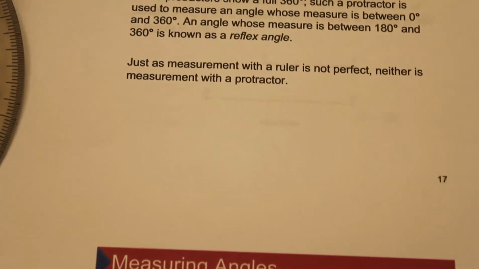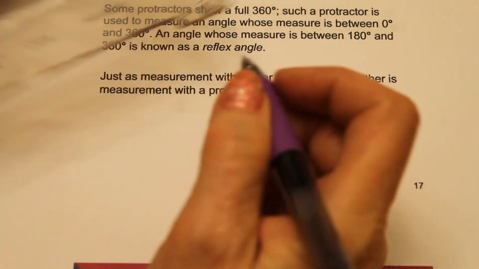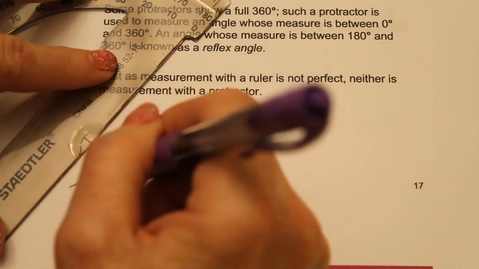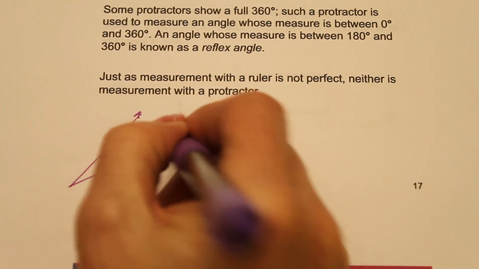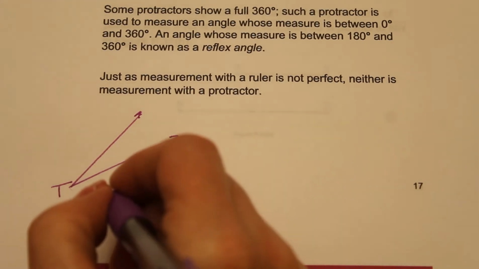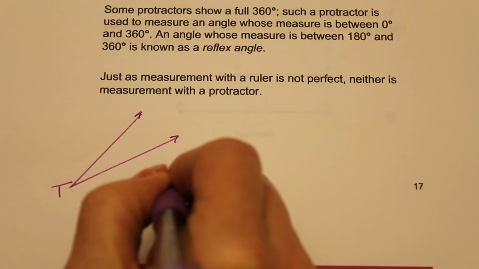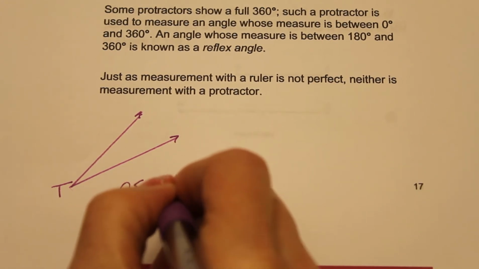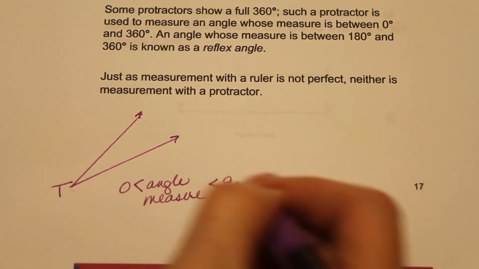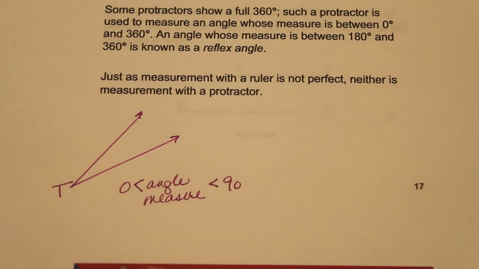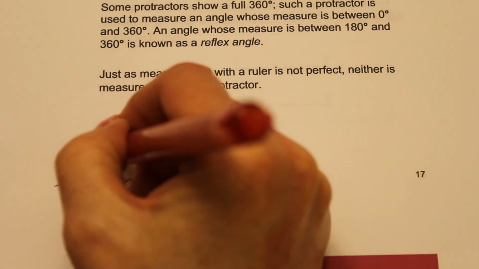But let's go ahead and put the different types of angles up here. This would be angle T. Angle T's measure is going to be greater than 0 but it's also going to be less than 90. That's an acute angle, A-C-U-T-E, acute.